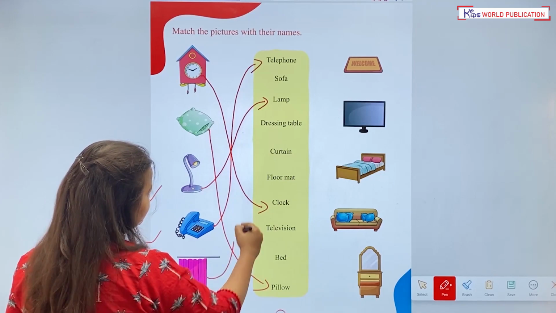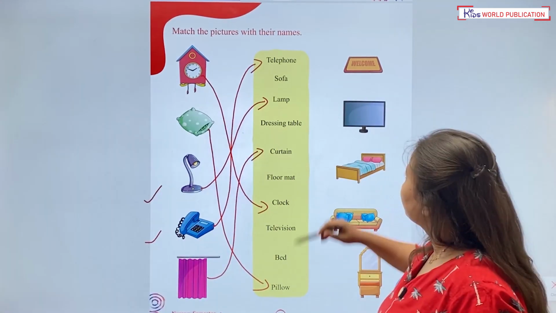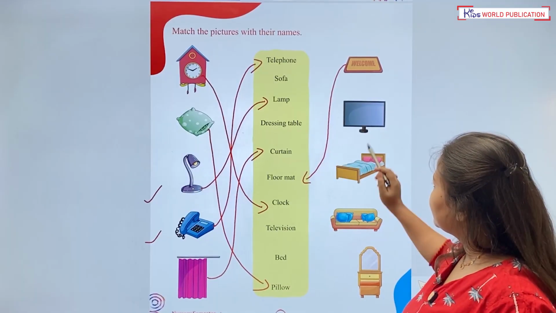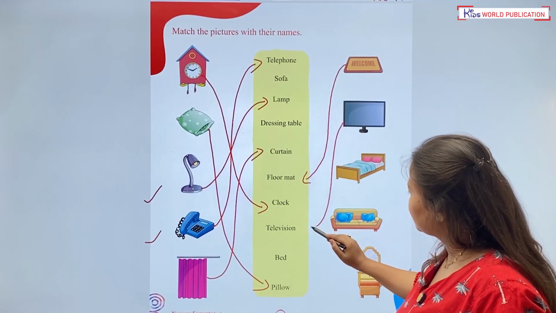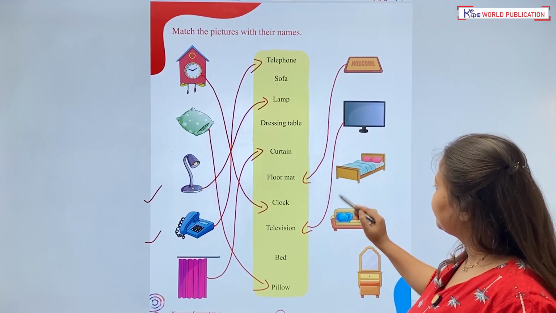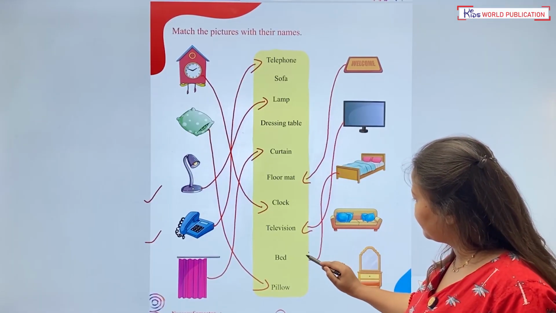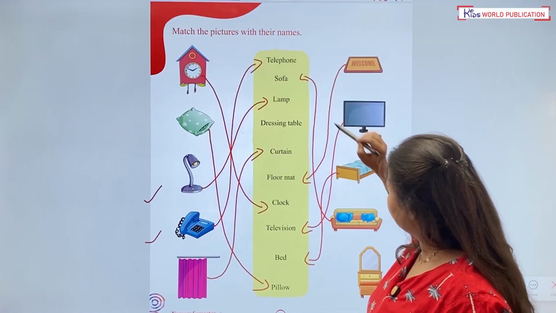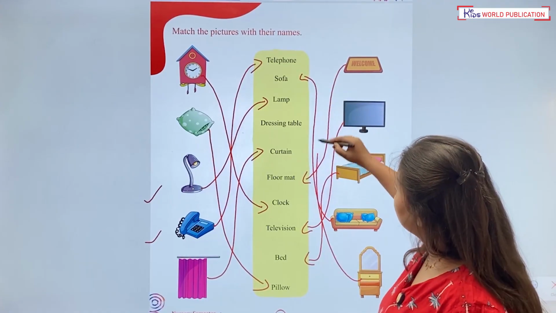Curtain. Floor mat. Television. Bed. Sofa. Dressing table.